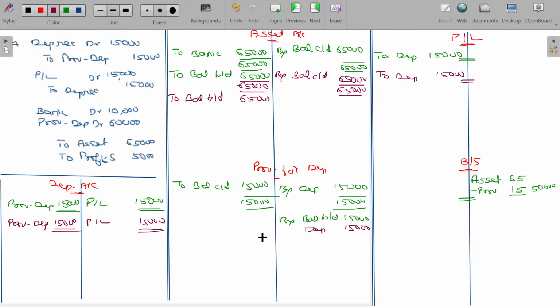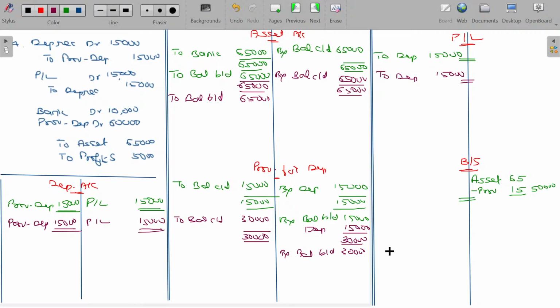And we have balances in two accounts. One is asset, another one is provision for depreciation. So on tallying the provision for depreciation, we found that the balance being 30,000 rupees. So to balance carried on 30,000. Here by balance brought down, 30,000.